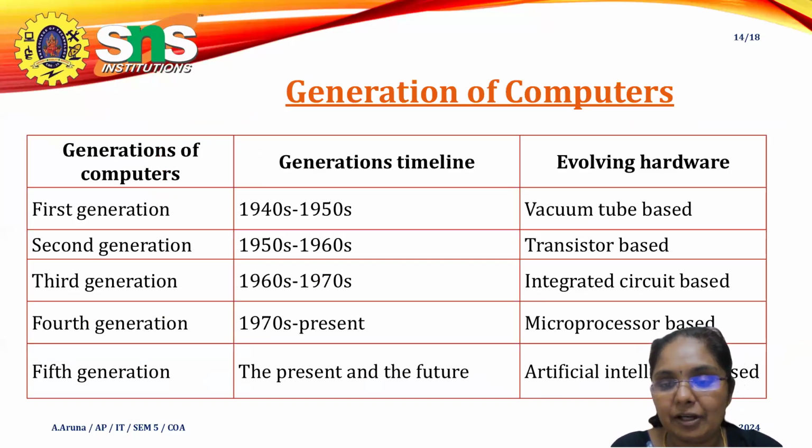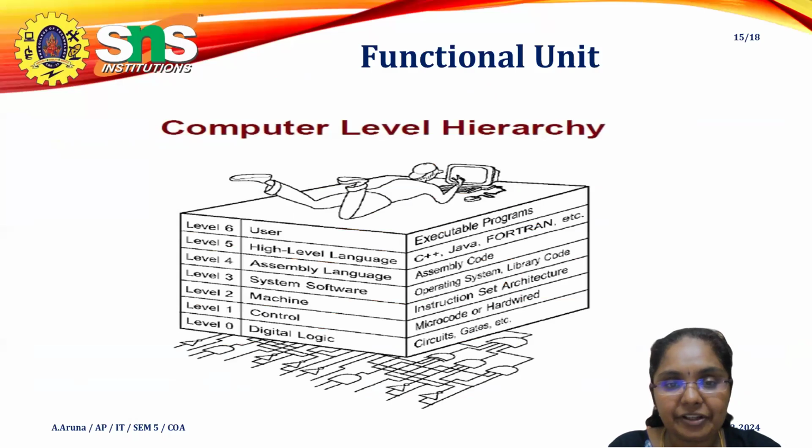Millions of transistors combined together form an integrated circuit. Millions of integrated circuits combined together we can call a microprocessor. Many microprocessors used together give what is called artificial intelligence. Nowadays we are in the 5th generation.